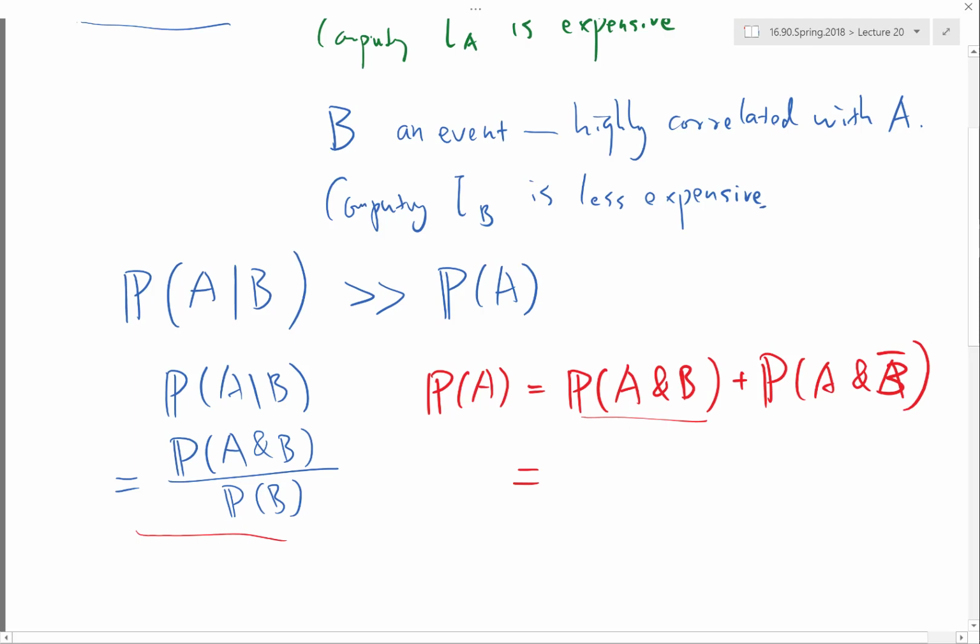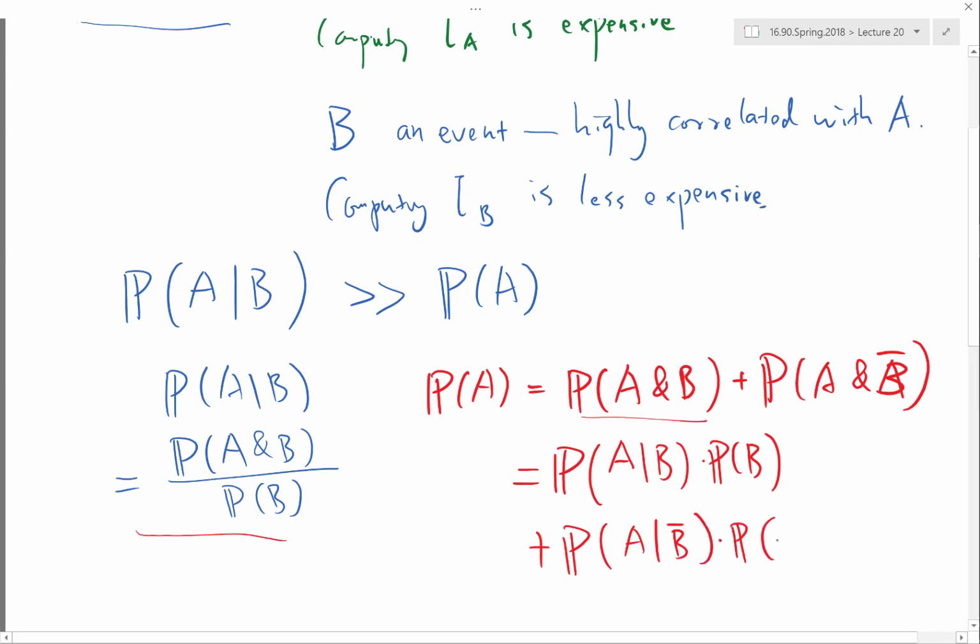The probability of A is equal to the probability of A given B times the probability of B plus the probability of A given not B times the probability of not B. Now we have an equation that we can potentially use in our Monte Carlo method.